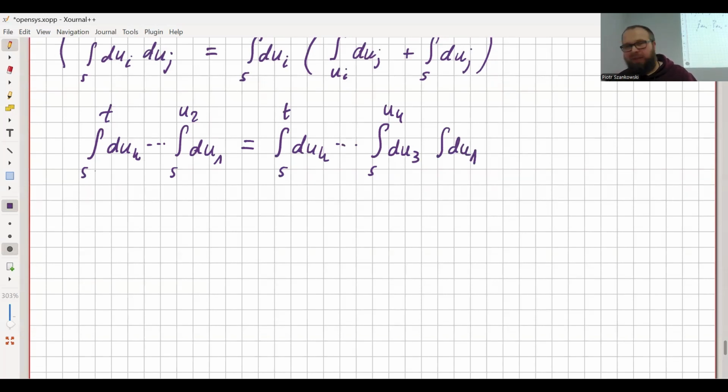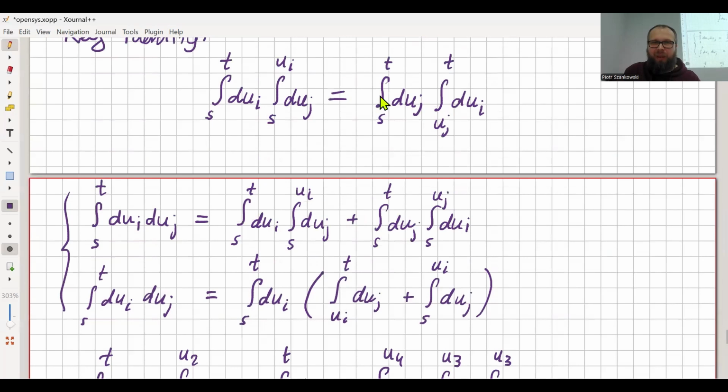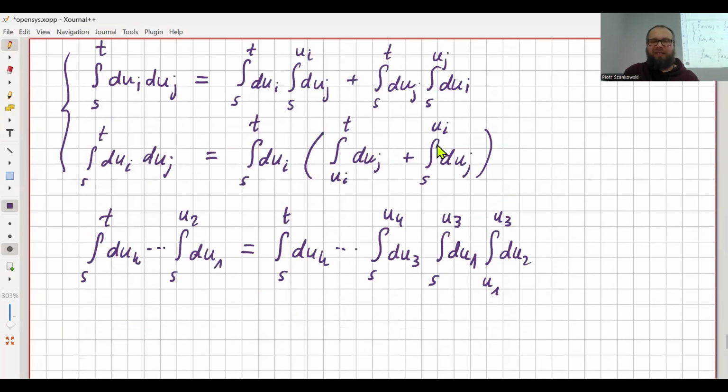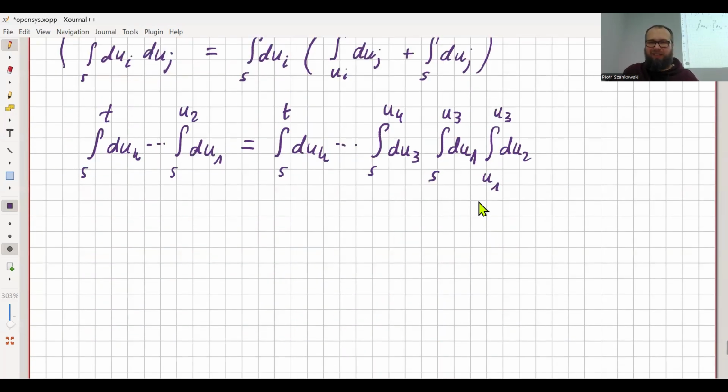So this is the last one we are pulling to the front, and du2 goes back, and according to this pattern, okay, you get something like this, right?